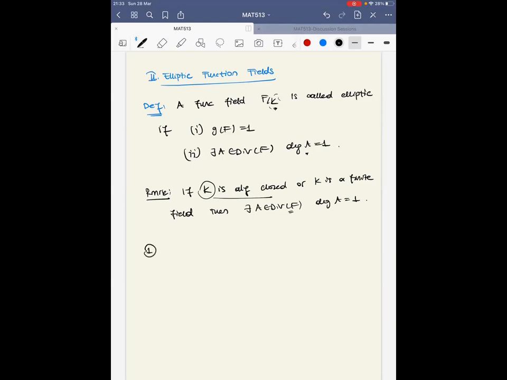And again, like in the rational function field, first we see the existence of a rational place in the elliptic function field. Our claim is that there is a rational place.